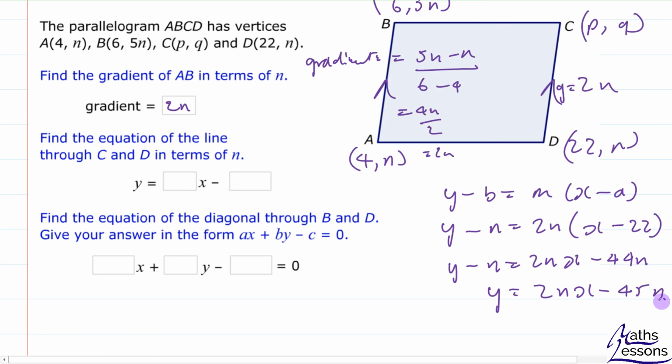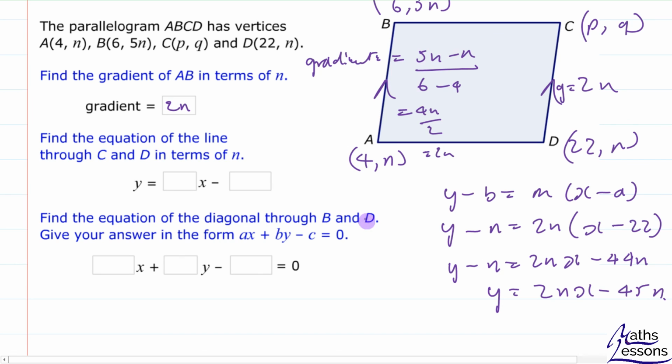I'm just checking this because I got a different answer previously, but I can't see anything wrong with this. 22n minus n, that looks okay to me. Right, so that's that bit.